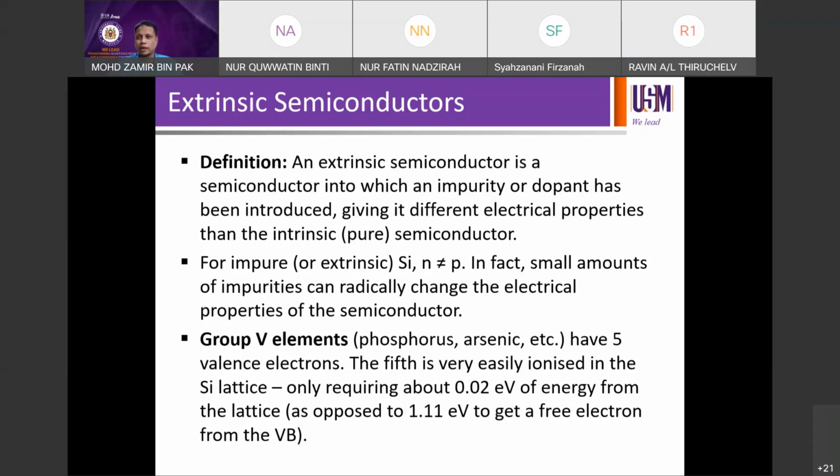For that, ionization has to take place. For dopants from group 5 or group 3, we typically need about 0.02 electron volt of energy from the lattice for ionization to take place. Then only you get electrically active dopants, which will contribute to the improved conductivity of your silicon.